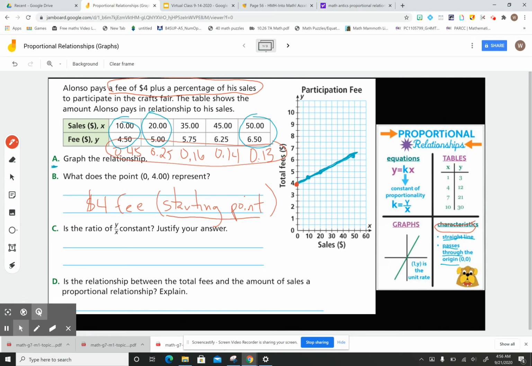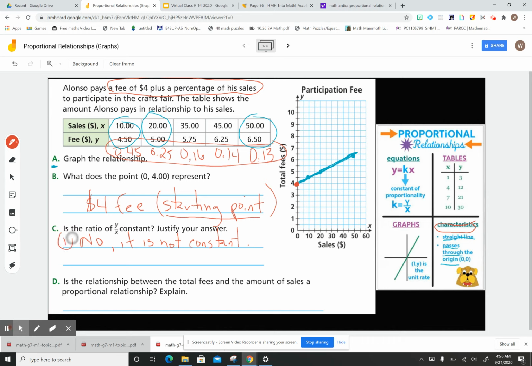So that is the starting point. C is the ratio of y divided by x constant. We already calculated that, so we would say no, it is not constant. Why is it not constant?